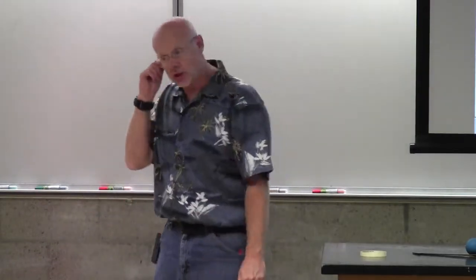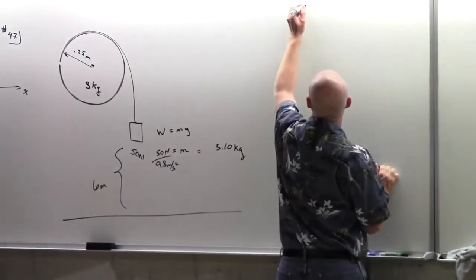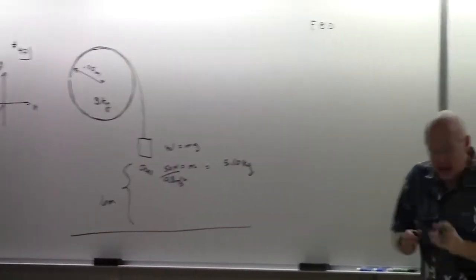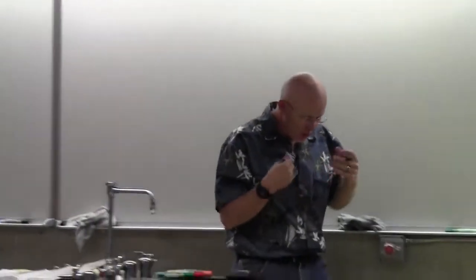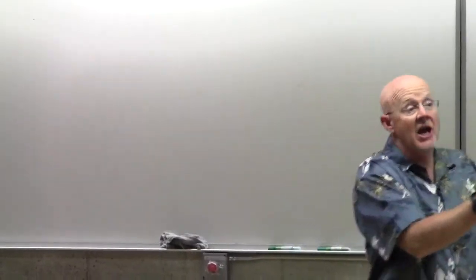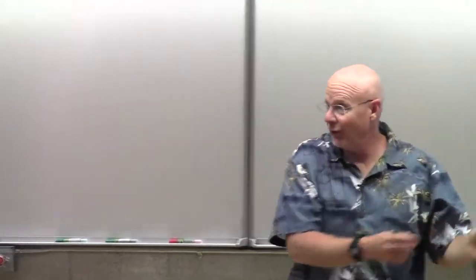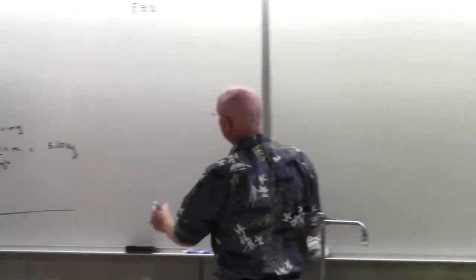When we did Newton's second law, the first thing we did was draw a free body diagram, because with translational motion we were interested in finding the net force. Now we're going to be interested in finding the net torque and setting it equal to I alpha. But let's set up this free body diagram.